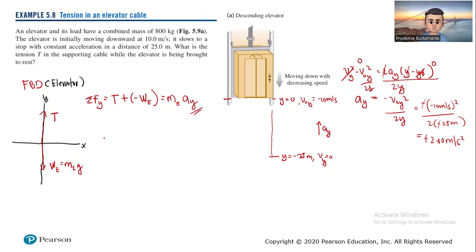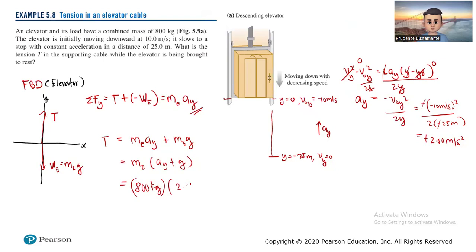From here, the tension is equal to the mass of the elevator times a sub y plus the mass of the elevator times g. We can factor out the mass, times a sub y plus g.